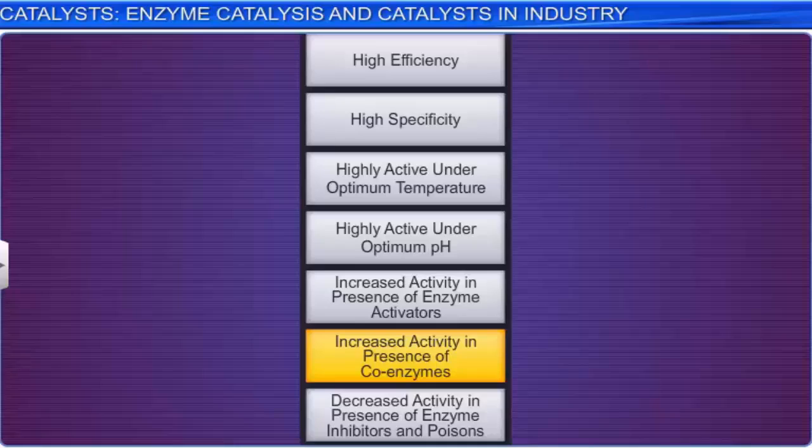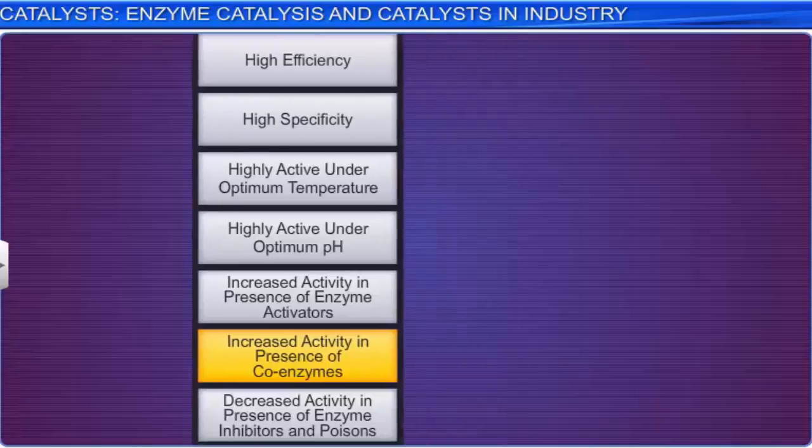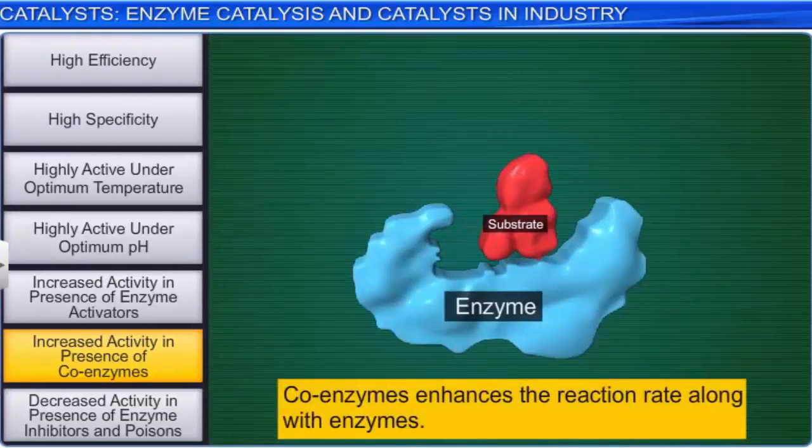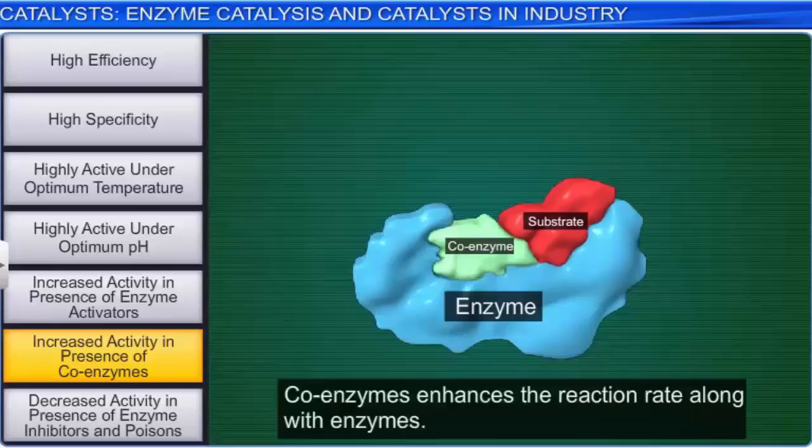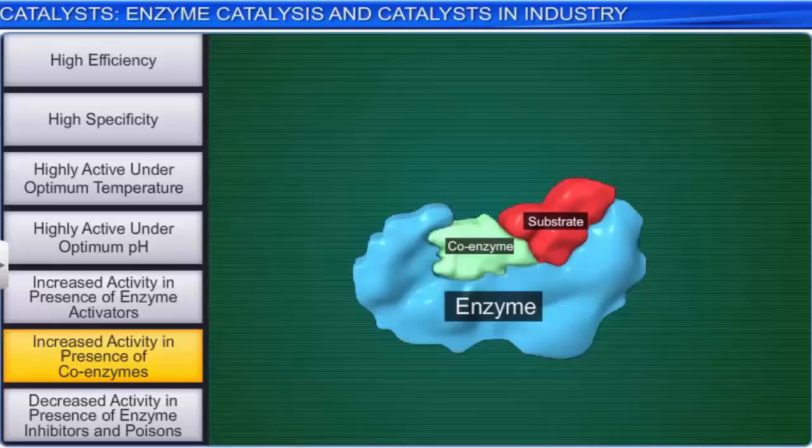Enzyme activity also increases in the presence of certain substances known as coenzymes. They are called coenzymes because they work together with enzymes to enhance reaction rates. Most coenzymes are derived from vitamins.